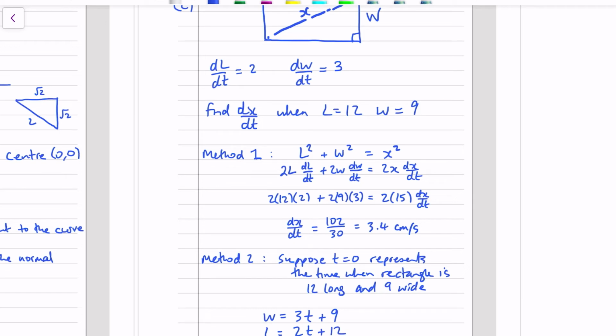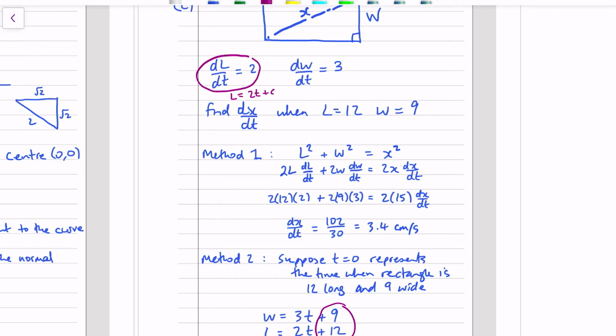What we can't do is ignore these two numbers 9 and 12 here. We can't just say the width is 3t and the length is 2t. If you look back at this dL/dt, when we anti-differentiate this, we'd get L equals 2t plus c. The c is crucial because the width and the length of this rectangle aren't 0 at the same time. This rectangle isn't growing from a point outwards.